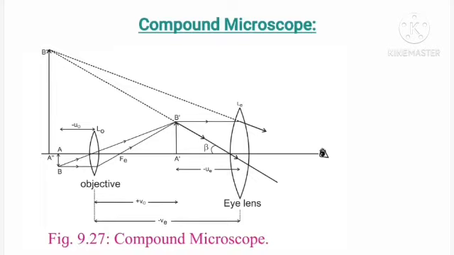We can see in this diagram A'B' is the image created by the objective, and this image will work as the object for the second lens, that is the eye lens. Further, the eye lens will create the second image A''B'', and that is a very large image as compared to the size of the object.